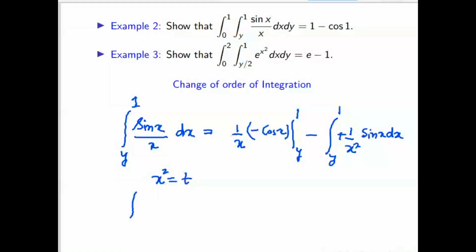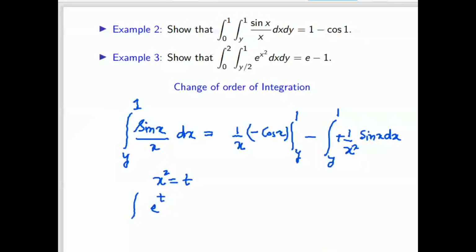This integration e to the power x square will become e to the power t, dt by 2 root t, since dx is dt by 2 root t, with limit from y square to 1.